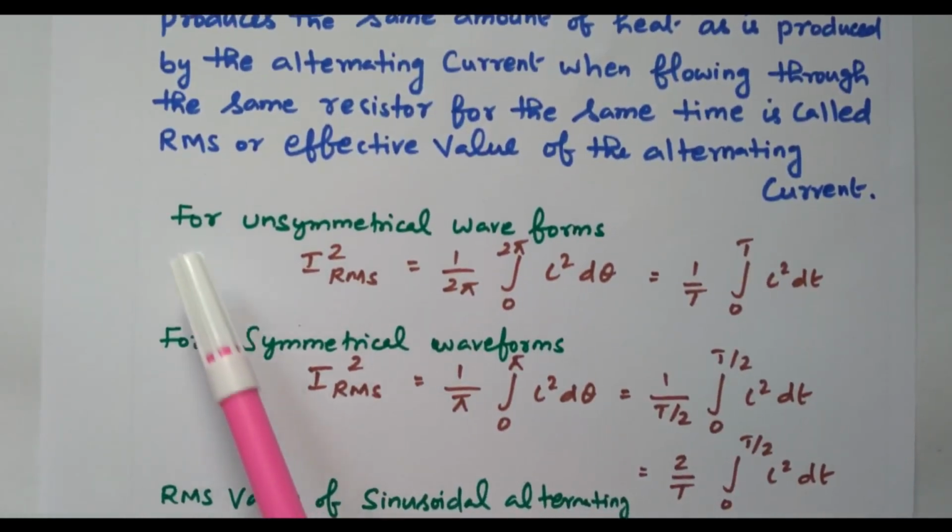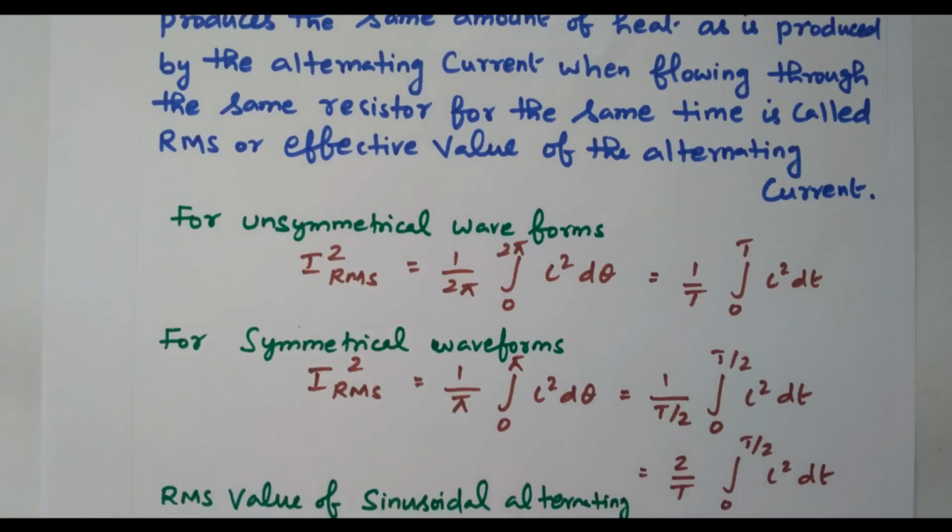So again we have the unsymmetrical and symmetrical. Symmetrical means we can take 1 by pi, only the half cycle. Unsymmetrical means we have to take the full cycle, 0 to 2 pi. So here, I RMS square equals I square. If you take the square, what will happen?